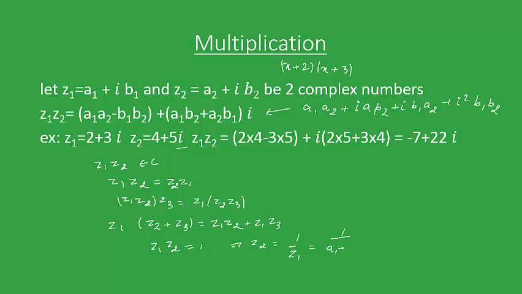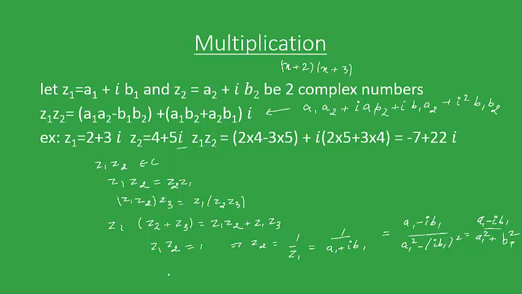If you just rationalize it, you will multiply it with a1 minus iota b1 to get a1 square minus iota square b1 square. As you can see, iota square will yield -1, and you will get a1 minus iota b1 upon a1 square plus b1 square. Just keep this in mind as it will be very useful.